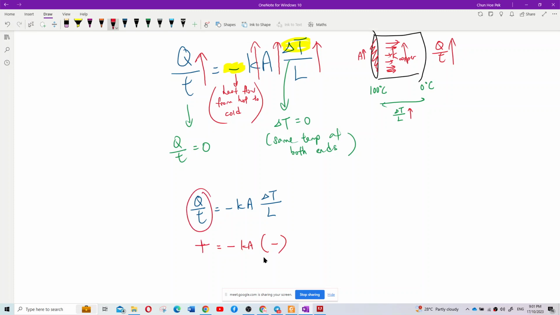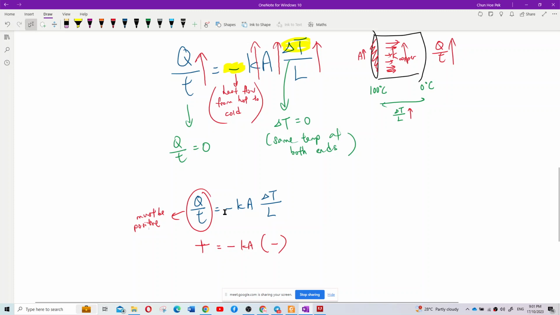So this Q over T must be a positive value. The rate of heat flow must be positive. So in order to get the rate of heat flow positive, you must have a negative sign, then negative times negative gets positive.